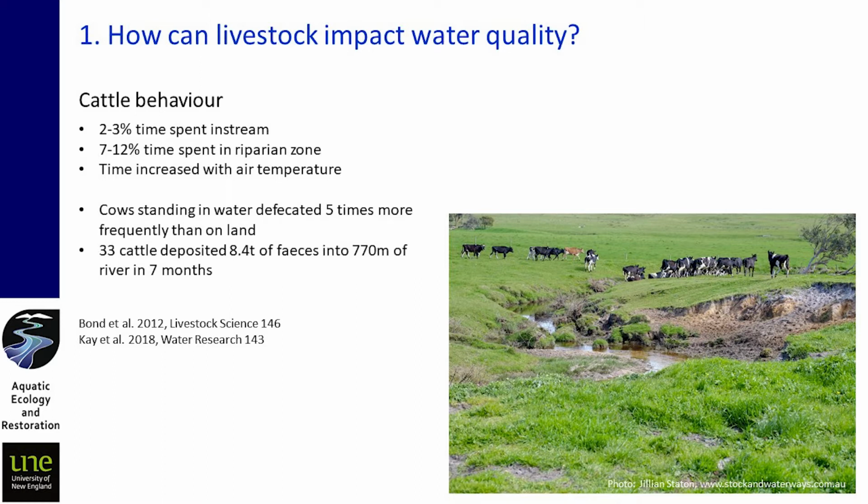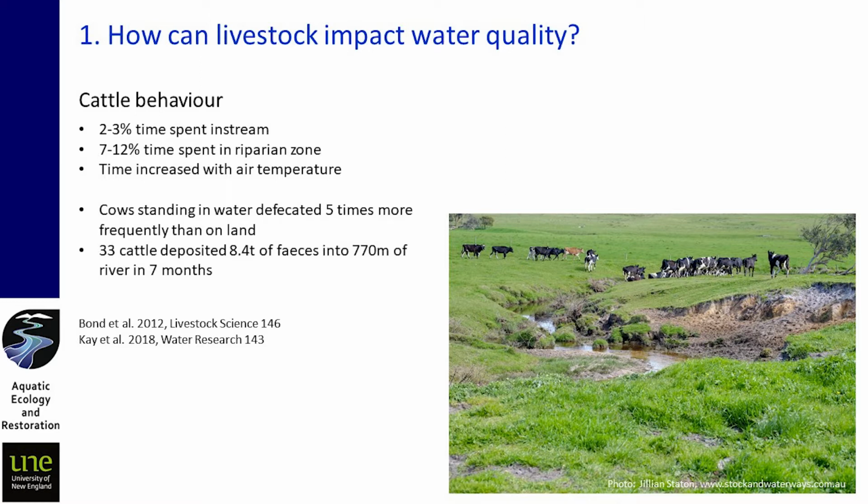This first study was from the UK, and it found that cattle spent about 2 to 3% of their time per day in rivers, but 7 to 12% of their daily time was spent within the riparian zone, sheltering and grazing in that zone. A study from Massey University in New Zealand found that in hilly country they actually spent longer, up to 6% of their day in those stream environments.